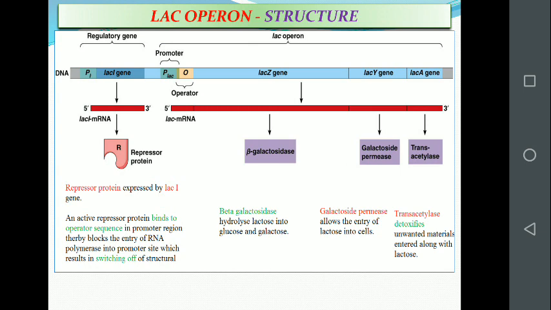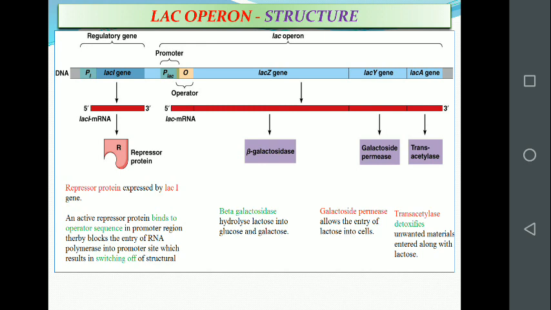Once the operator site is cleared of the repressor molecule, the RNA polymerase is free to bind the promoter site. It binds the promoter site and starts transcription of the structural genes.